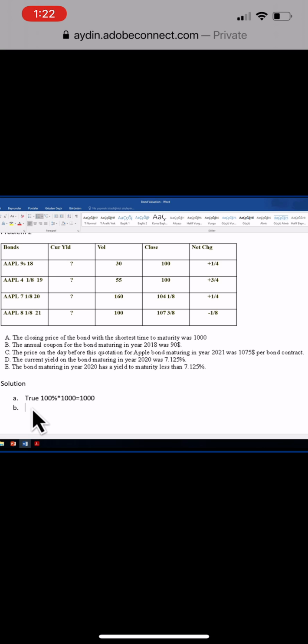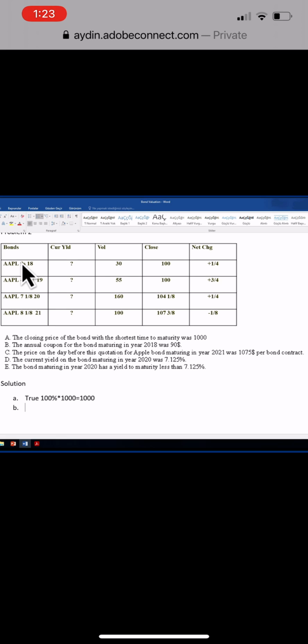So where do we find information on coupon payment, like where in the table do we have this information on the coupon payment? You don't remember probably. So this is information on the coupon payment.